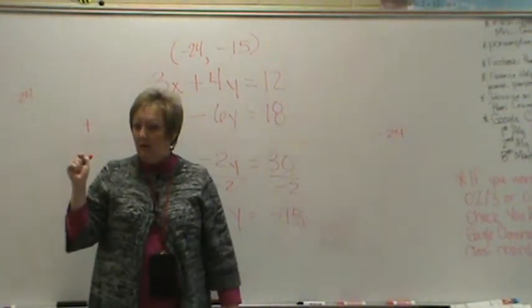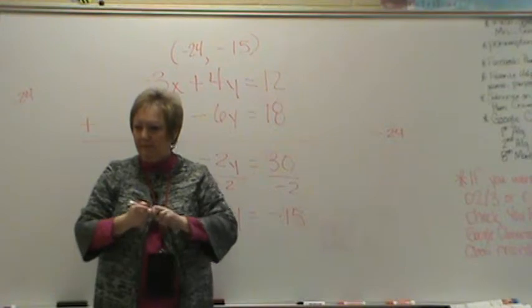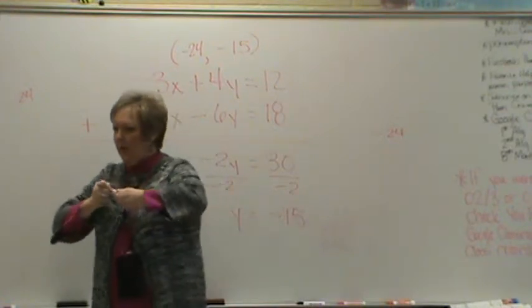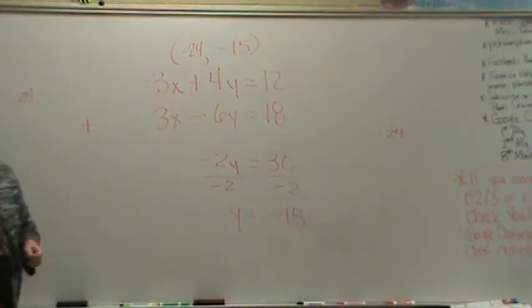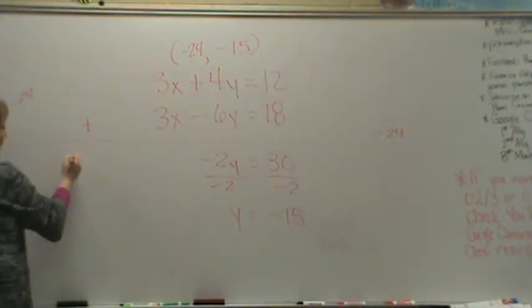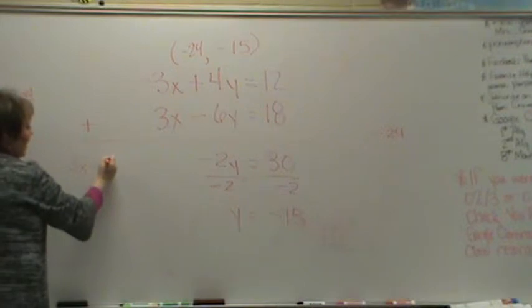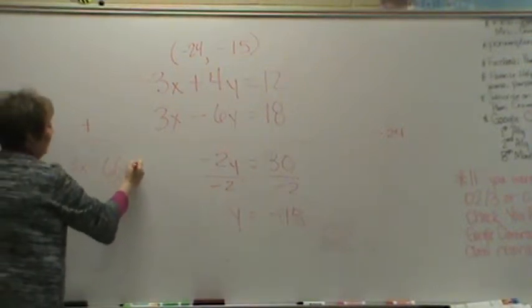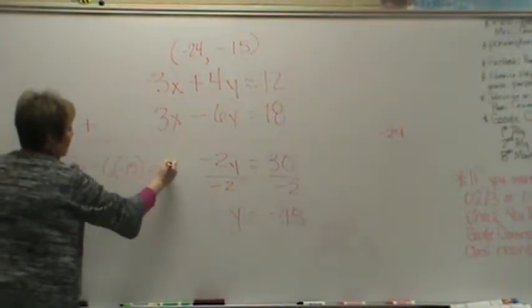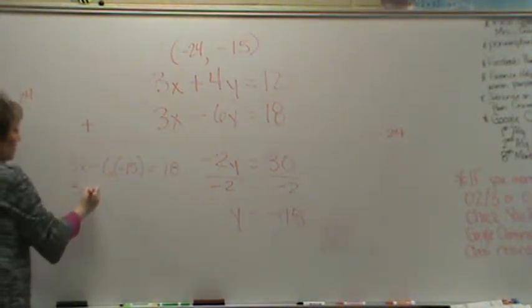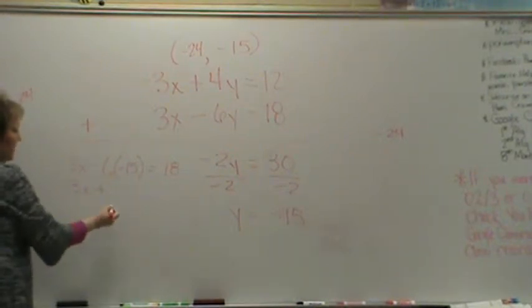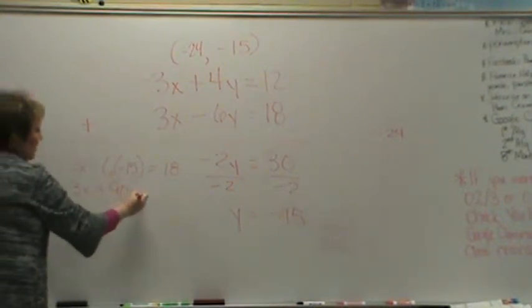Yes, ma'am. I didn't get negative 24. What'd you get? I got 36. You got 36. All right, y'all were using the bottom equation, right? Yes. Okay, so we got 3x minus 6 times negative 15. 6 times negative 15, that's 90. 3x plus 90 equals 18.